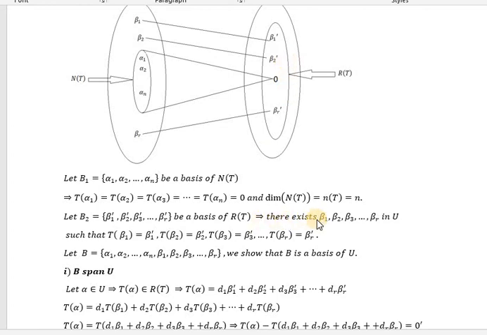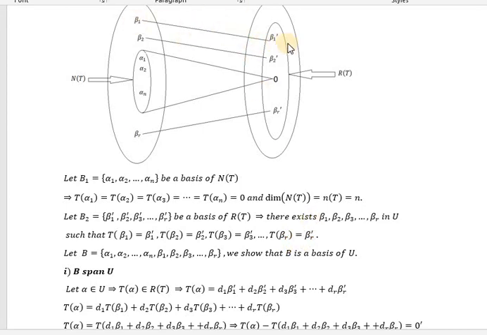This implies that there exist beta 1, beta 2, beta 3, so on beta r in U such that T of beta 1 is equal to beta 1 dash, T of beta 2 is equal to beta 2 dash, so on T of beta r is equal to beta r dash.